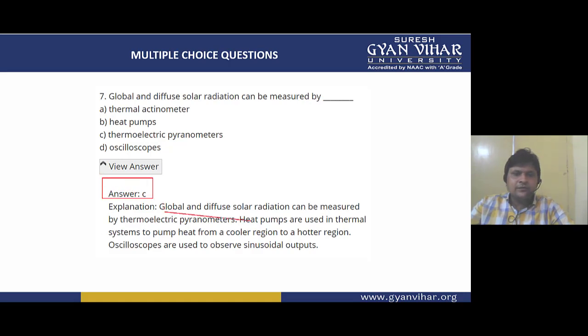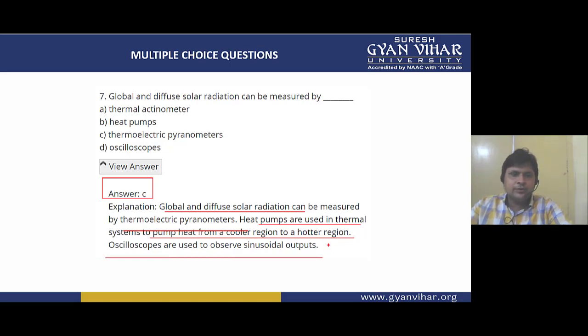The explanation is that global and diffuse solar radiations can be measured by thermoelectric pyranometer. Heat pumps are used in thermal systems to pump heat from a cooler region to a hot region. Oscilloscope can be used to observe sinusoidal output. So this was our question number 7.